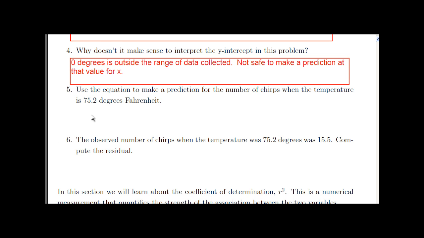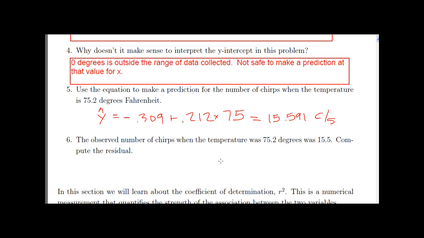Alright, so I have y hat is going to be equal to negative 0.309 plus 0.212 times 75. And that's going to be equal to 15.591. And that's chirps per second.